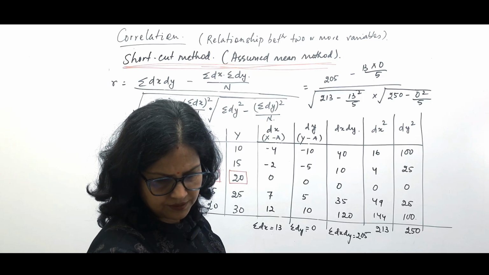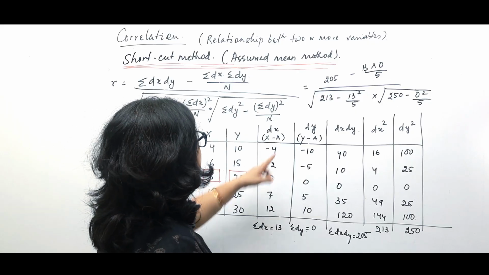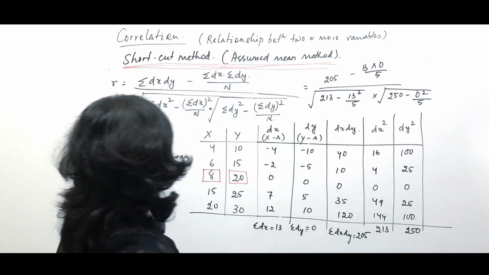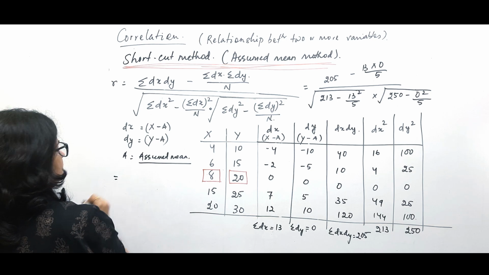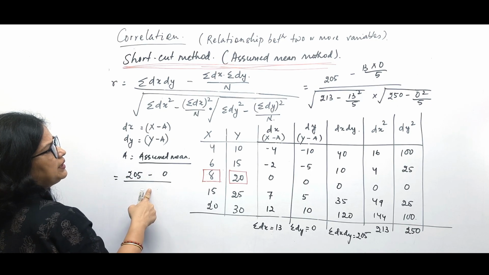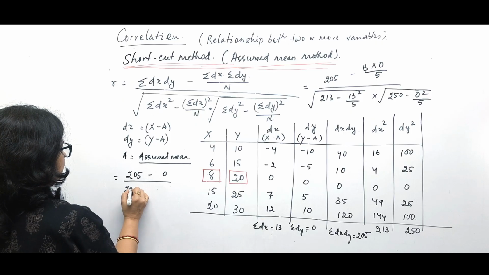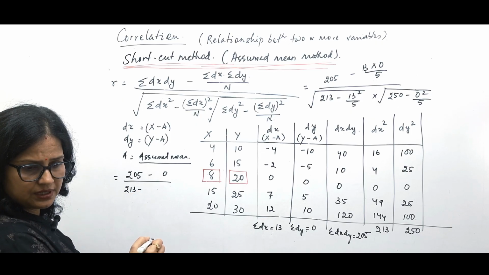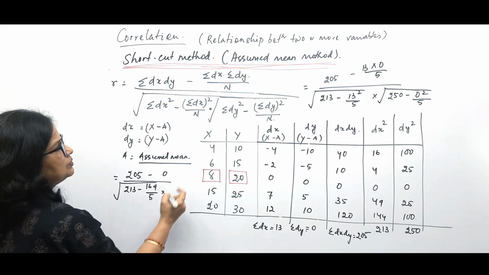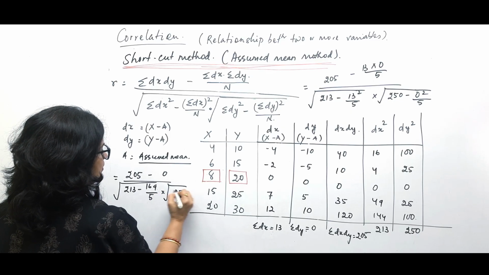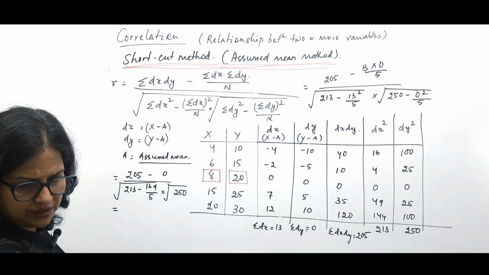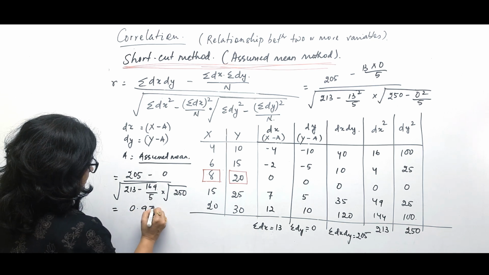Putting all the values into our formula, we get 205 minus 0 divided by the root of 213 minus 169 divided by 5, into the root of 250, and if you simplify this you get the value 0.97.